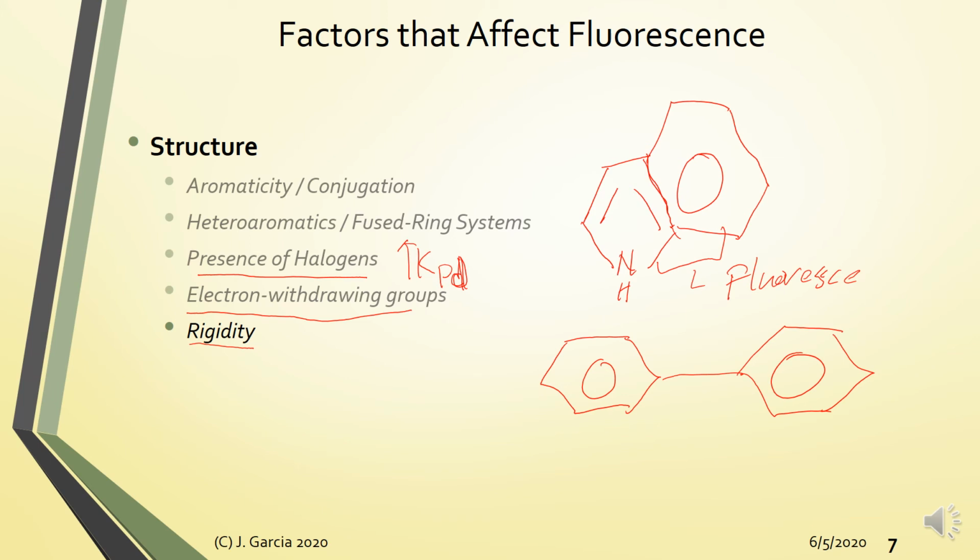Why? Because there is a possible vibration between this bond, here. So this makes the structure less rigid. And when your molecule is more susceptible towards vibration, it increases the rate constant associated with vibrational relaxation, the external conversion.